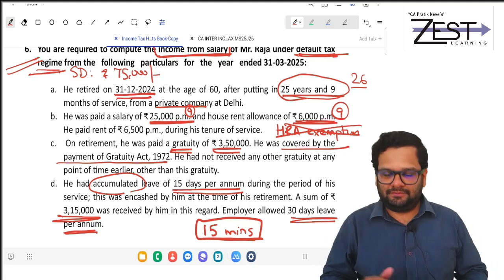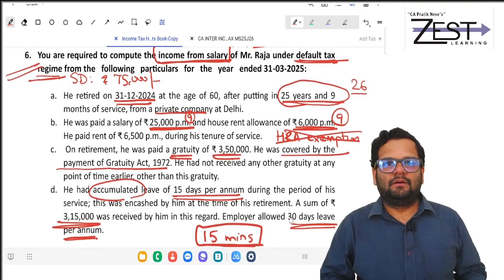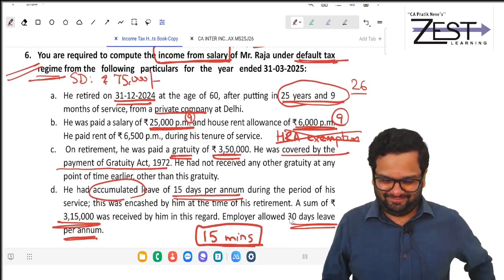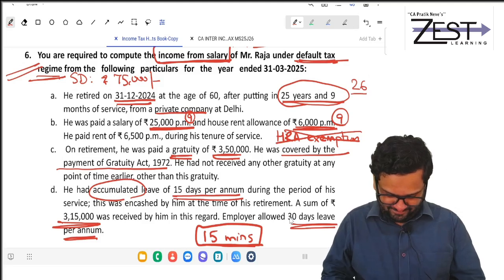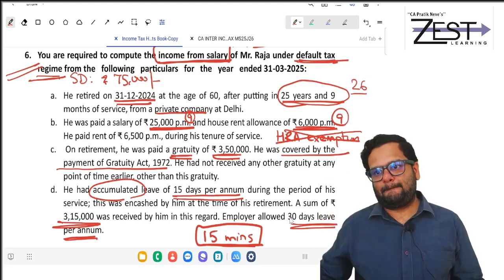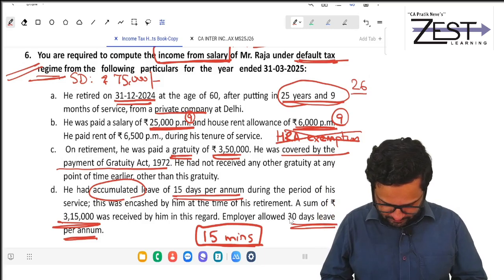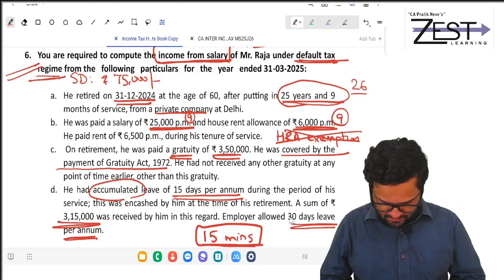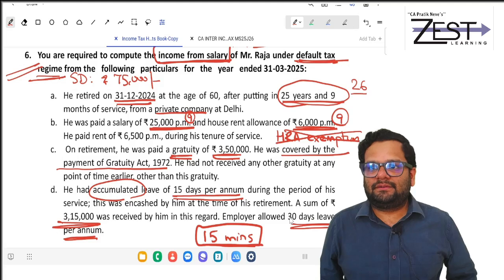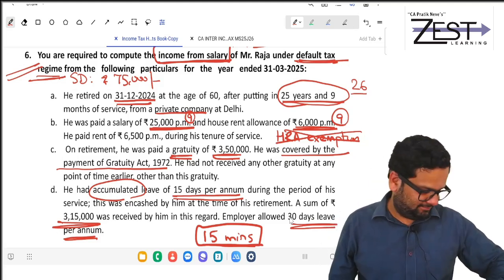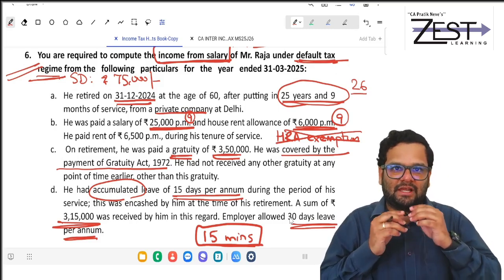15 minutes are done actually. Shall we start solving?